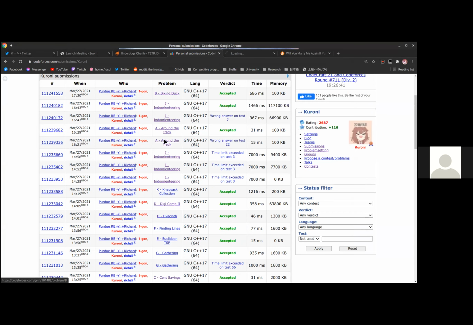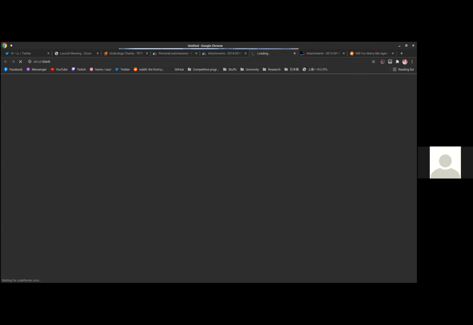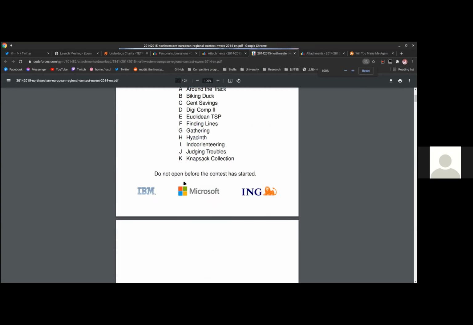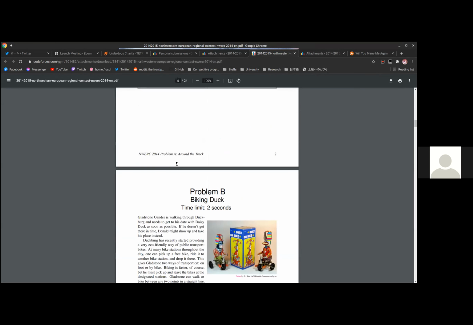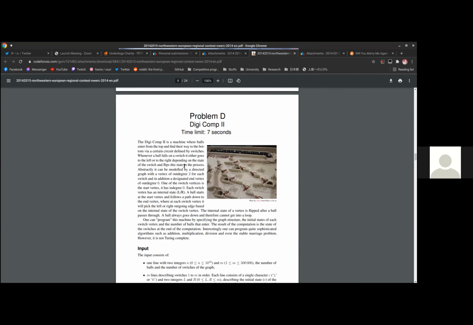So I solved T, and I accept from C, of course. To put it simply, you have a DAG where each node except one node, which we will call the end node, has exactly two out edges. One is called the left edge and one is called the right edge.